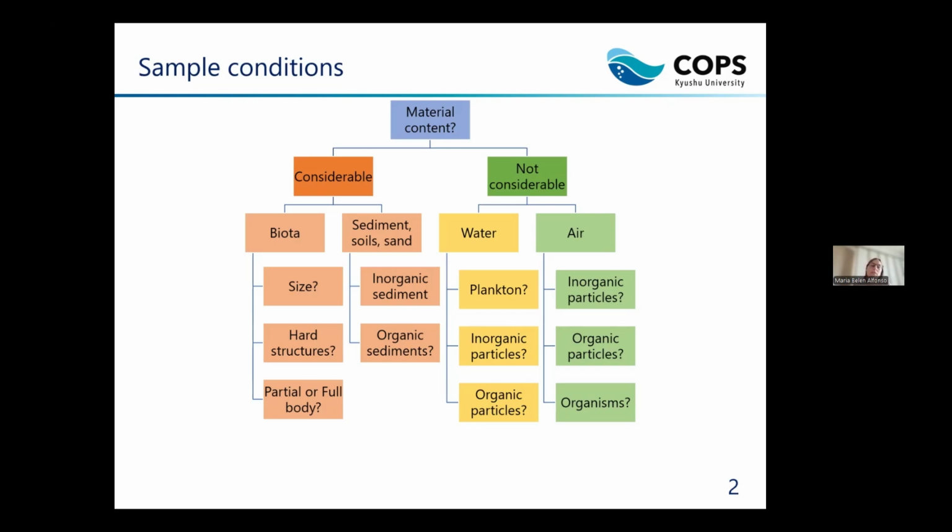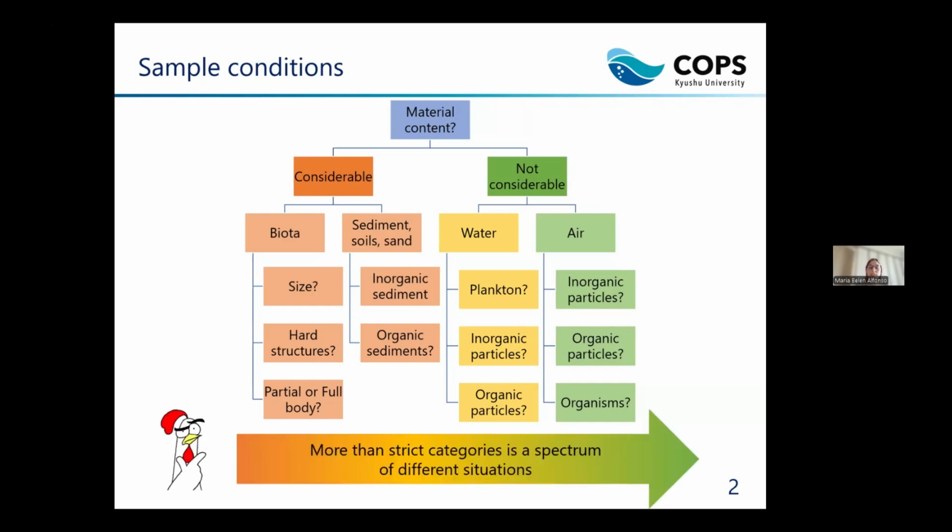And in the case of air samples, maybe it's the easiest and the cleanest kind of sample, because you might find some inorganic particles or organic particles, or maybe an insect or something. But it's not a big deal for sample processing compared to others. So considering this, there are not strict categories, it is a spectrum of different situations.